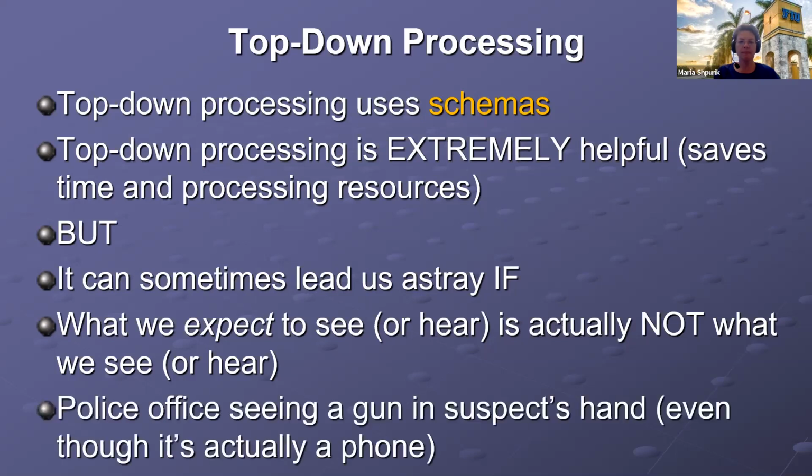Okay. So a police officer perceived something to be there, which was not. He perceived an object to be something it is not. The object was a phone. The police officer perceived it to be a gun, right? Frequently leads to very tragic consequences, where a police officer shoots the suspect, again, believing that he was holding a gun instead of a phone.